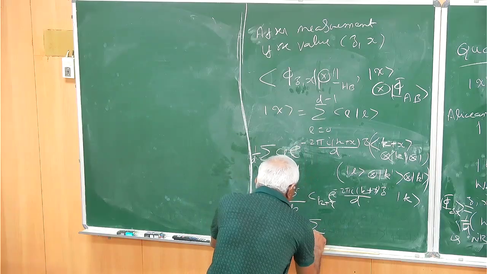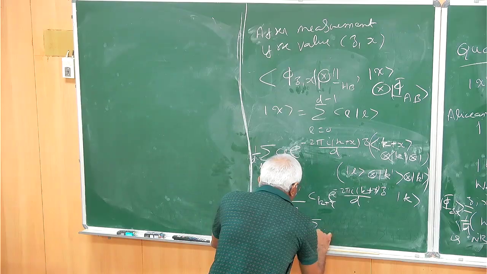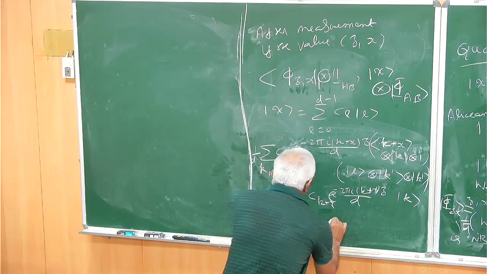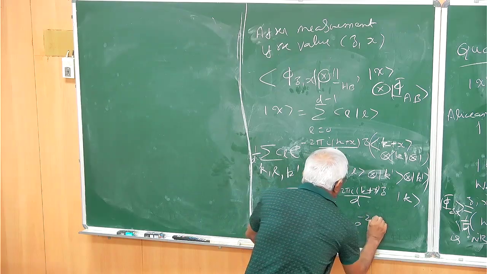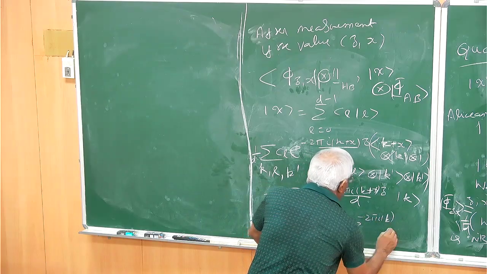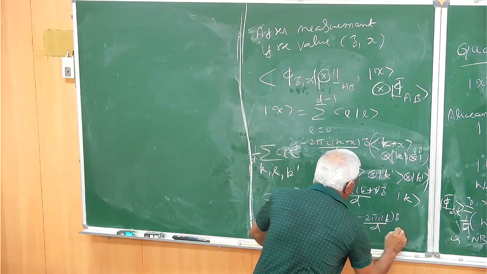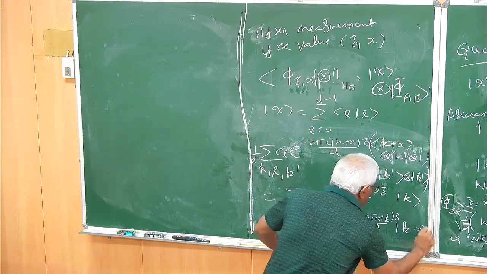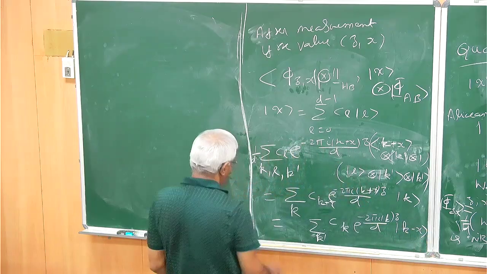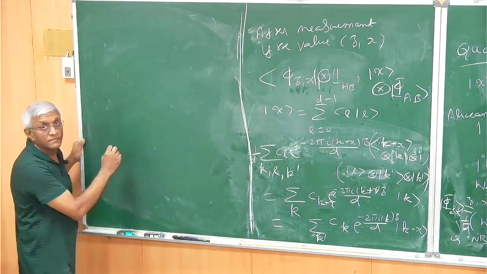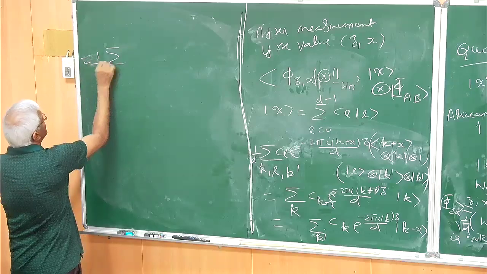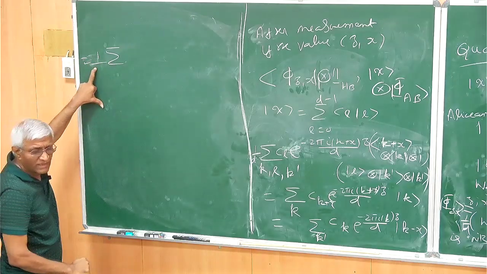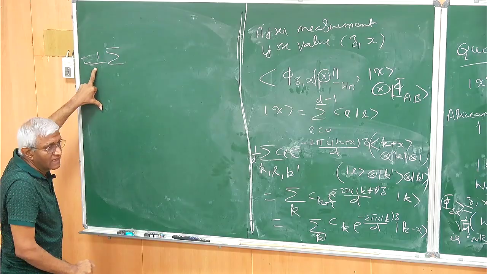So this will be a summation over, again let me call it k itself, C_k e power minus 2 pi i k z by d, then here it will be k minus x. This whole thing is equal to the summation. This is what is disturbing me. I should get 1 by d square or 1 by d.